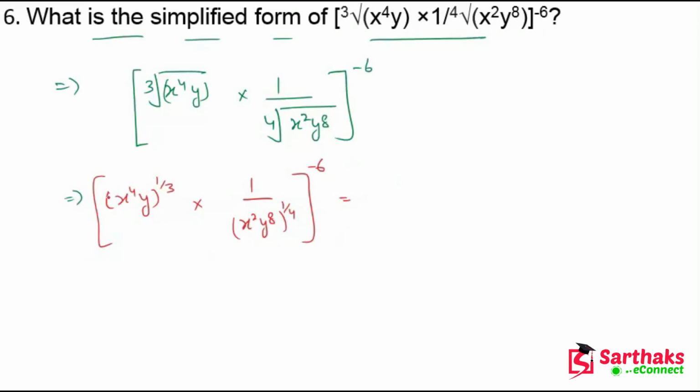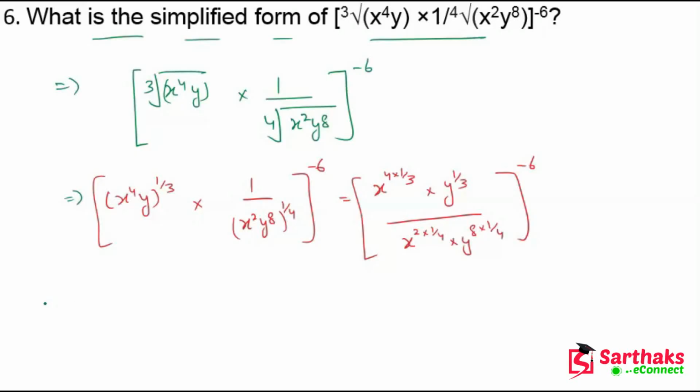Now here we can separate this, like x raised to power 4 into 1 upon 3, into y raised to power 1 upon 3, divided by x raised to power 2 into 1 upon 4, into y raised to power 8 into 1 upon 4, and it has whole raised to power minus 6.